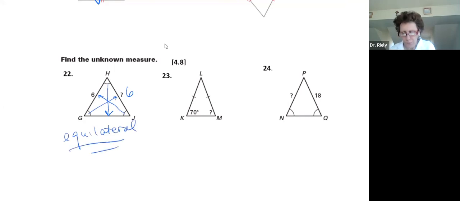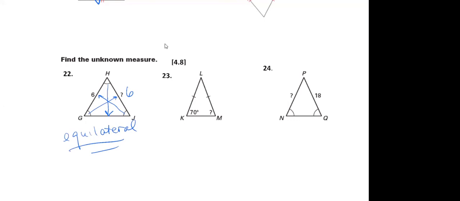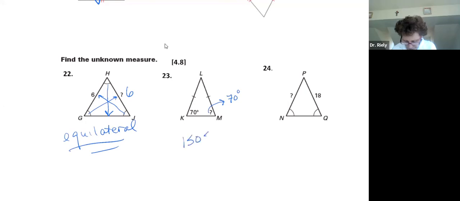How about 23, Matthew? I said it was 70 degrees because you see that the two sides are equal, so you know the two base angles are equal. Very good, and I like that you used the term base angles. So it's an isosceles triangle. How about 24, Evan?